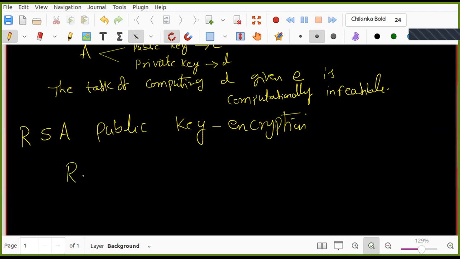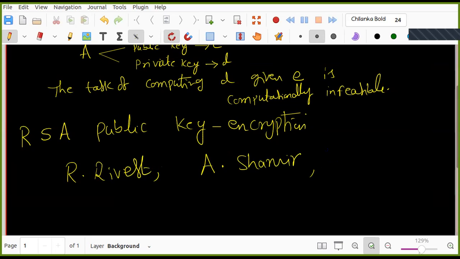R means Rivest, S means Shamir, and A means Adleman. So these 3 people gave this algorithm, that's why RSA, right?